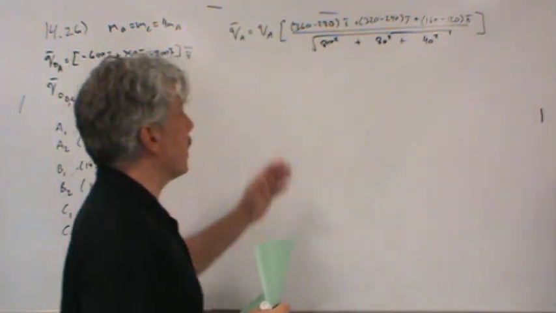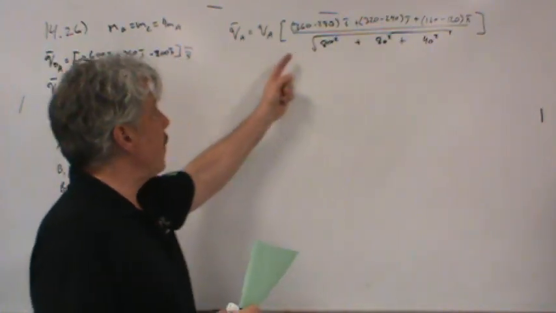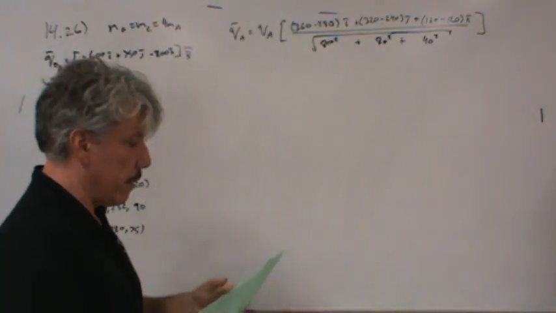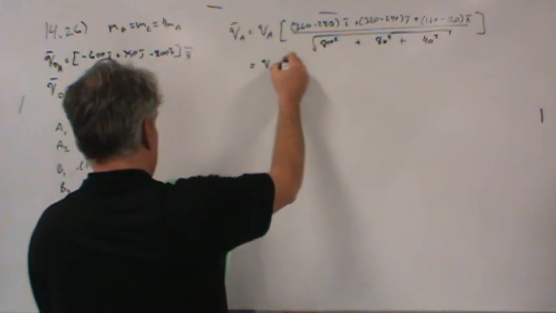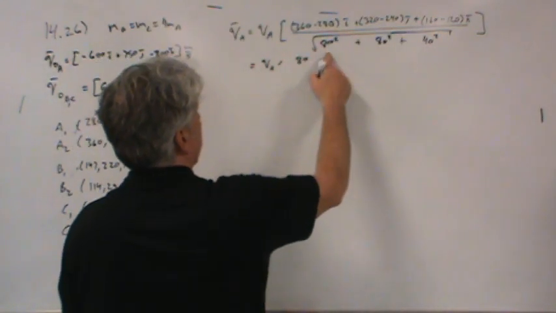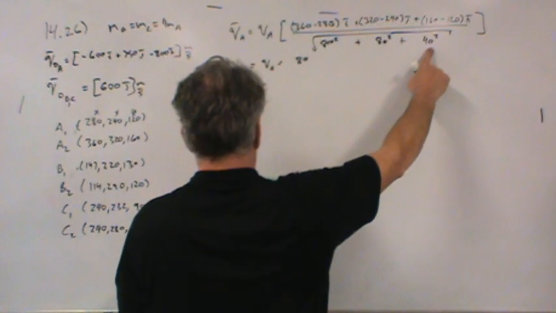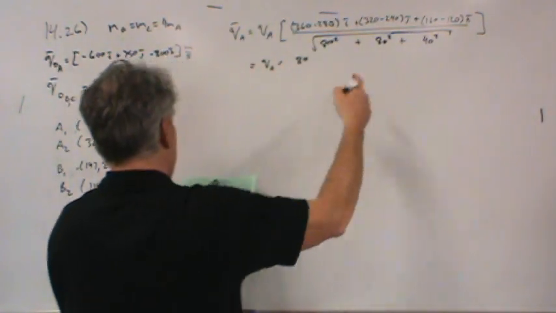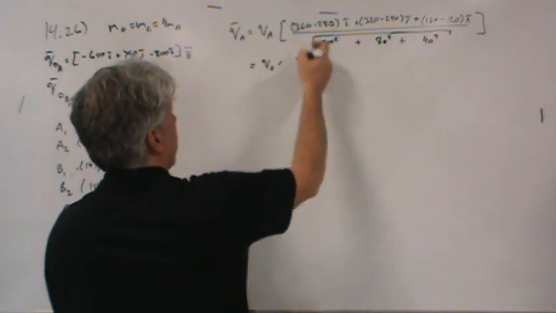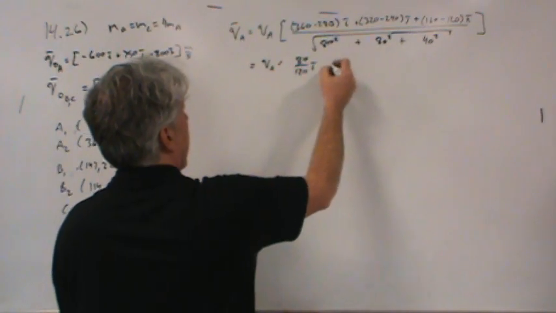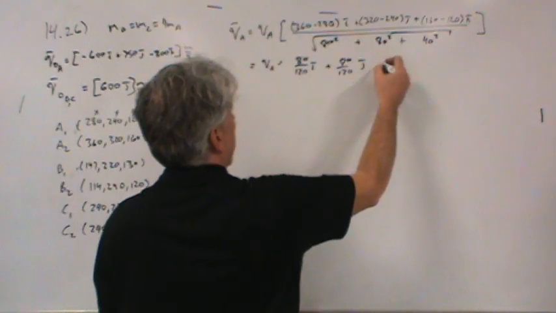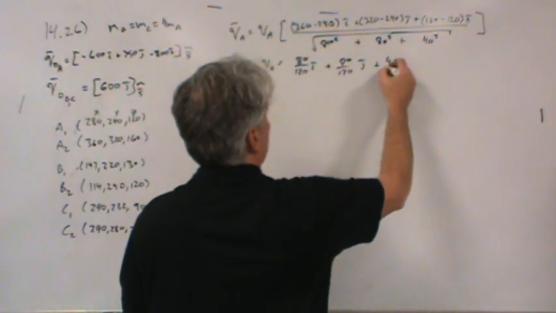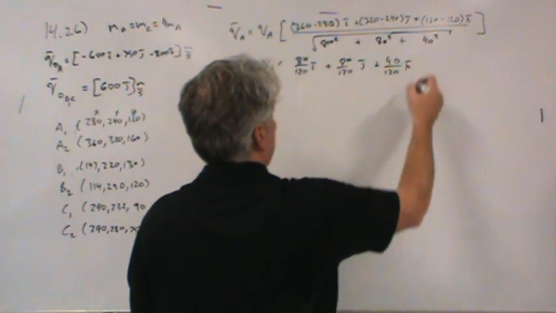So what I've done here is I've made a unit vector in the direction of the velocity of A. And so simplifying just a bit, the square root of 80 squared plus 80 squared plus 40 squared simply comes out to 120. So 80 over 120 i plus 80 over 120 j plus 40 over 120 k.